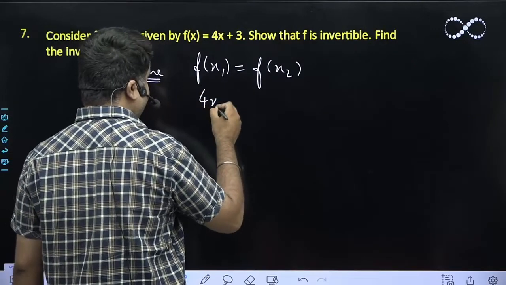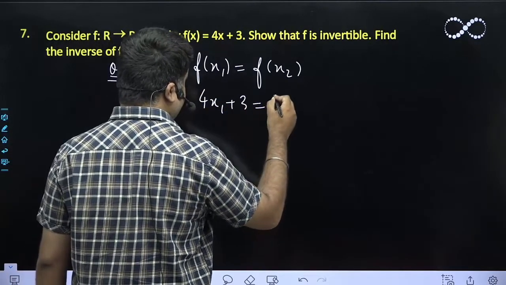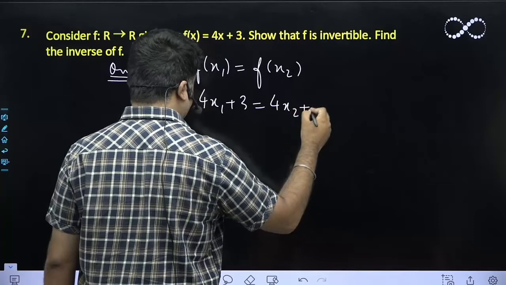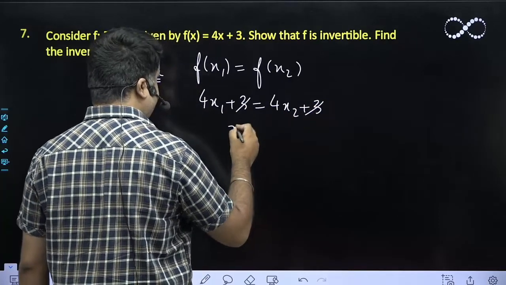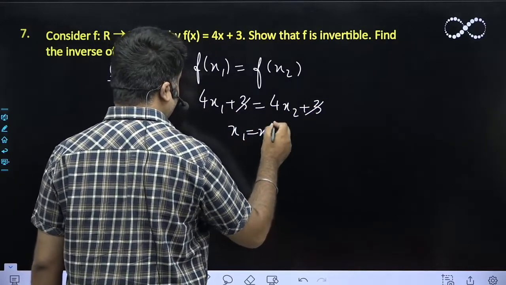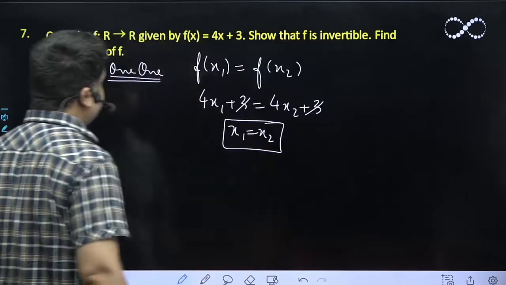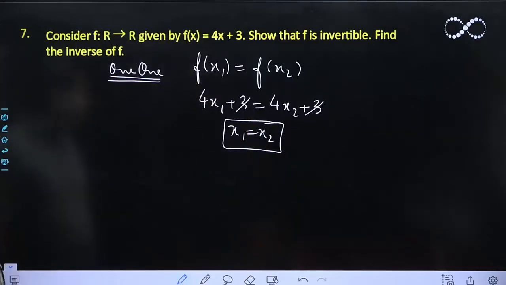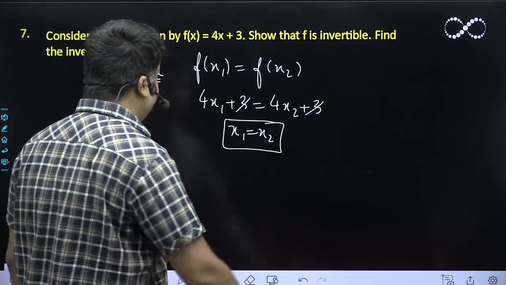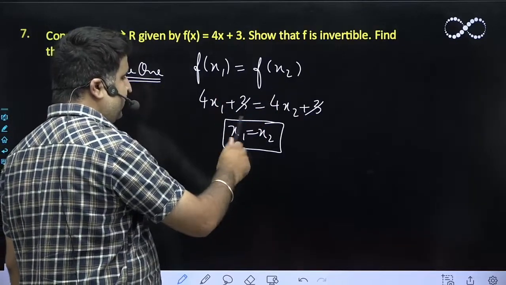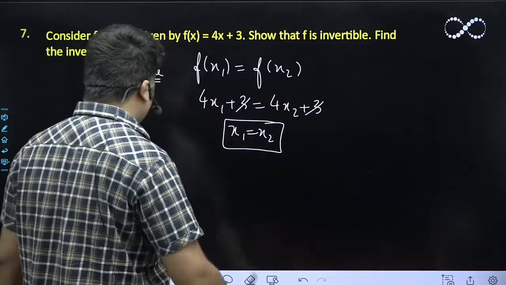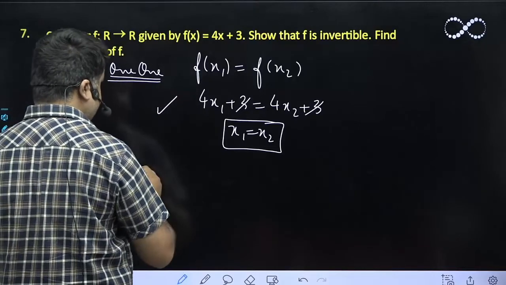So we get 4x1 plus 3 is equal to 4x2 plus 3. Solving, we get x1 is equal to x2. So this is what we get. So if we have f(x1) is equal to f(x2) and we get x1 is equal to x2, we show that this is a one-one function.